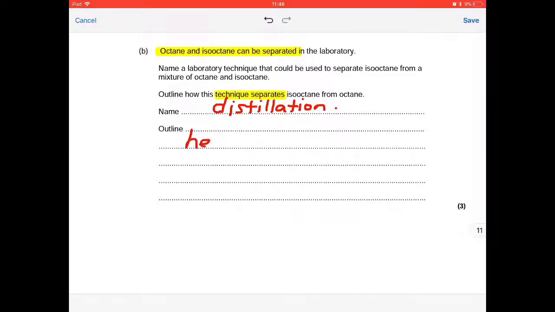So we're going to heat the mixture of compounds to approximately 100 degrees.